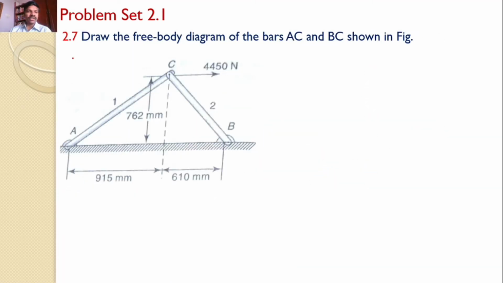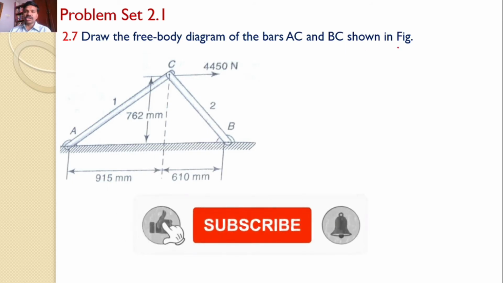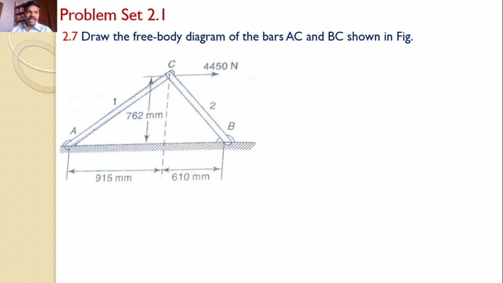And problem number 2.7. Draw the free body diagram of the bars AC and BC shown in the figure. Our interest is to find only the free body diagrams of AC and BC.